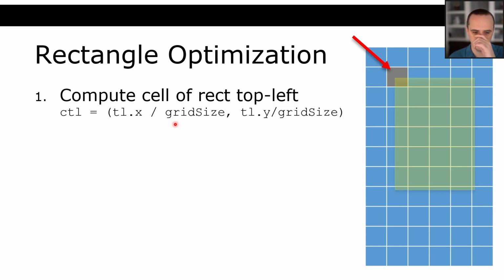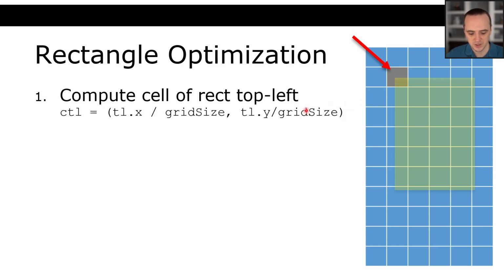And here we're assuming that we have a square size, right? We're going to have squares for assignment 2. So this CTL is the cell top left, okay? The cell top left, excuse me, I got cat hair floating around my room. The x-coordinate of that is the x-coordinate of the top left of the rectangle divided by the grid size, and then the y-coordinate is the y-coordinate of the top left coordinate of the rectangle divided by the grid size.